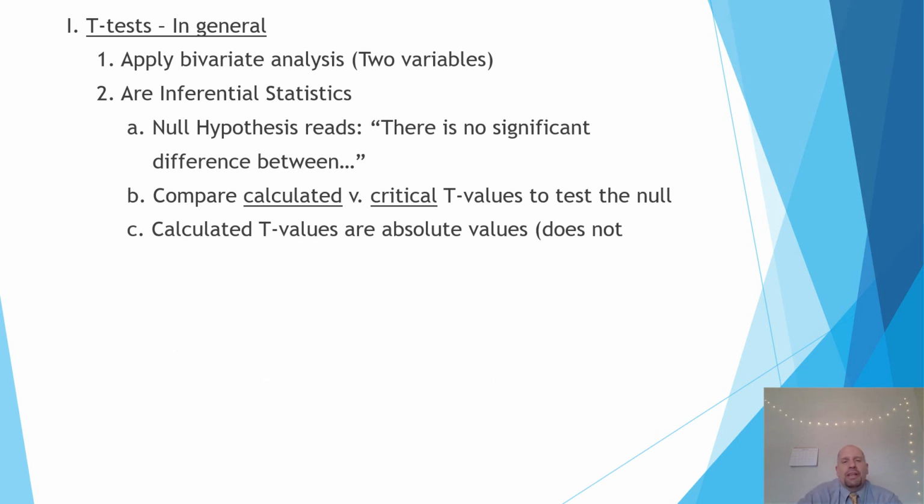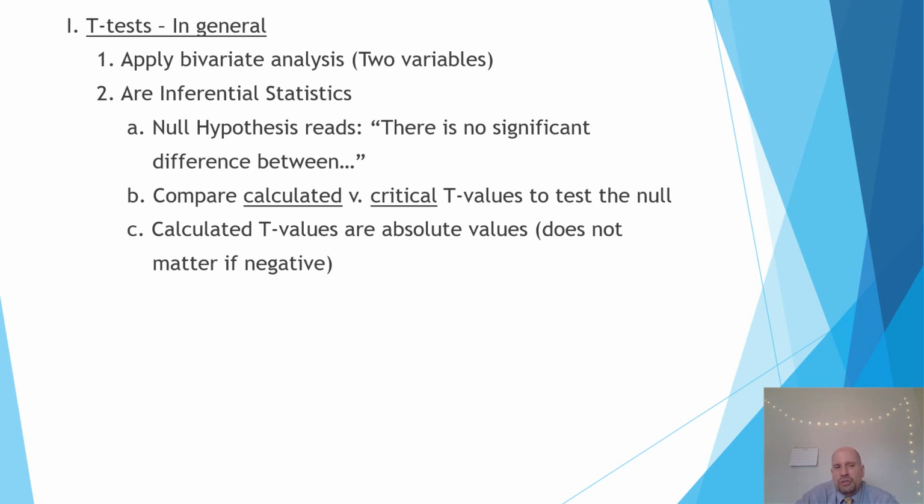For letter C, calculated t-values are absolute values. Does not matter if negative. Okay, that's different. That's kind of new, isn't it? When we were dealing with chi-square, we really weren't seeing any calculated values that were negative. That's different with t-tests.